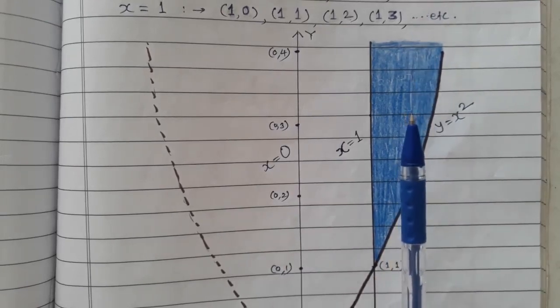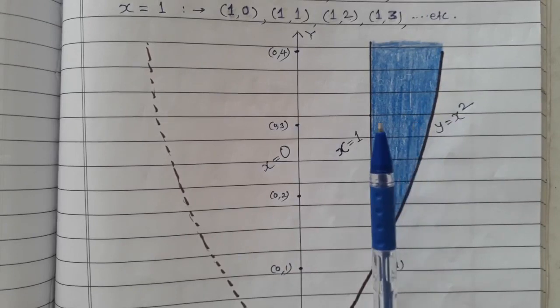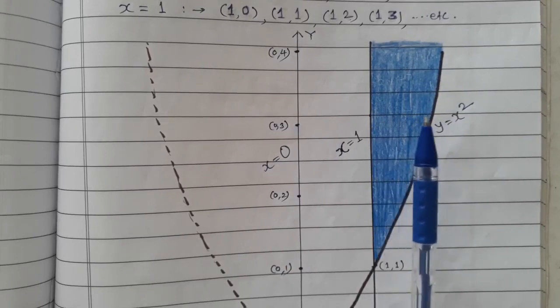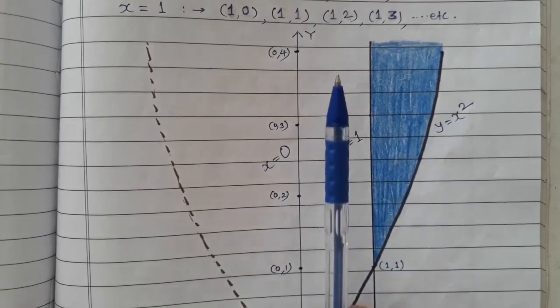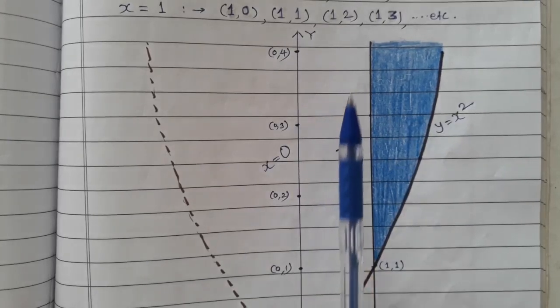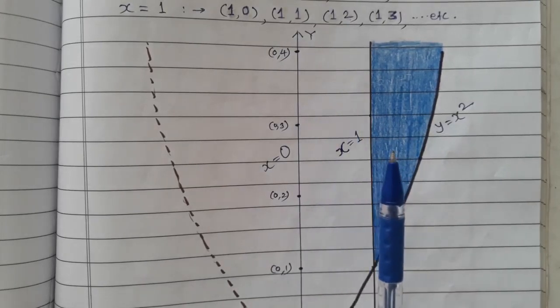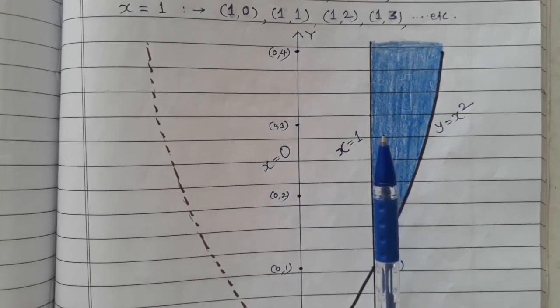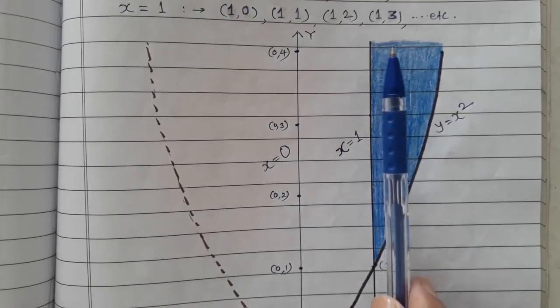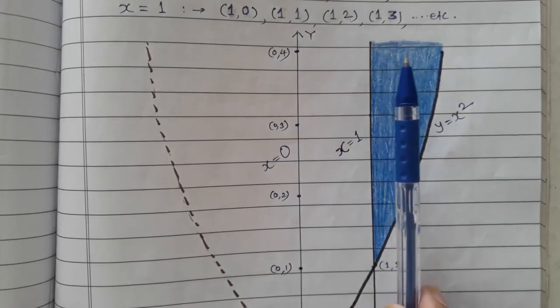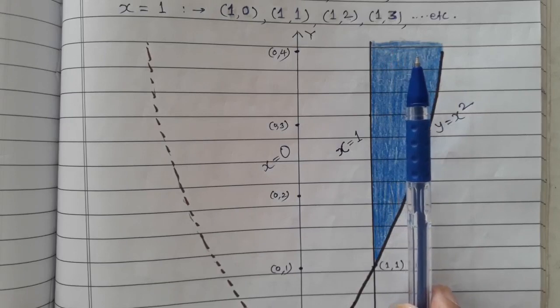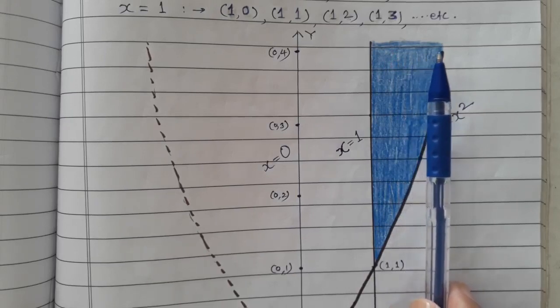For limits of x, we have to consider the range of x or range of firing the bullet. If the bullet is fired here, then it will not pass through the color. So the condition becomes that I have to consider the bullet for more than x values, that is x is equal to 1 is the lower limit for x, and then the range for the upper limit of x, where I can fire the bullet.